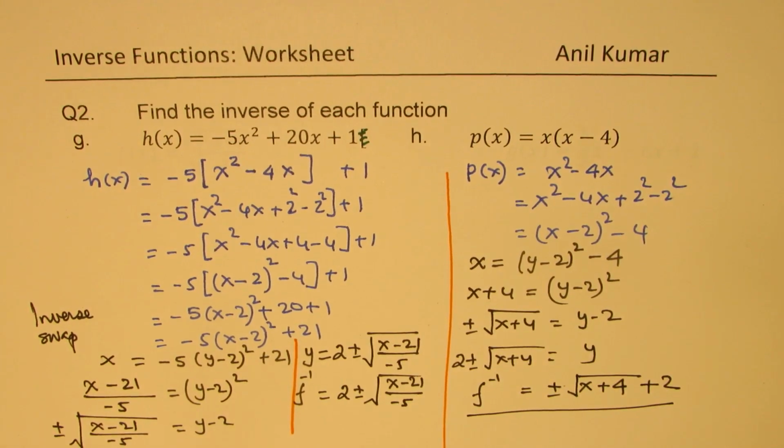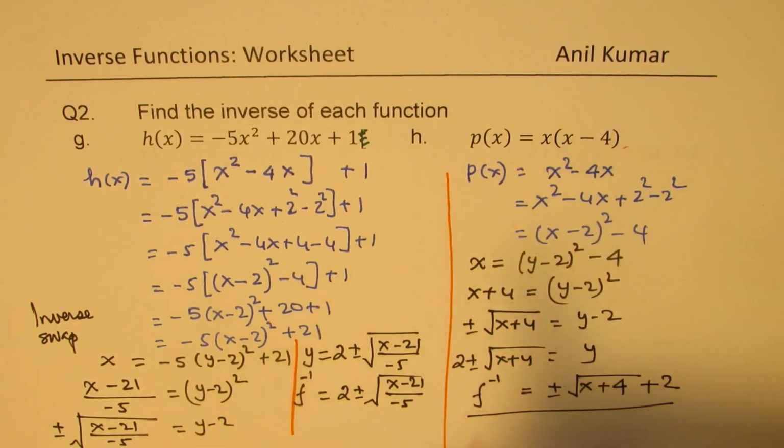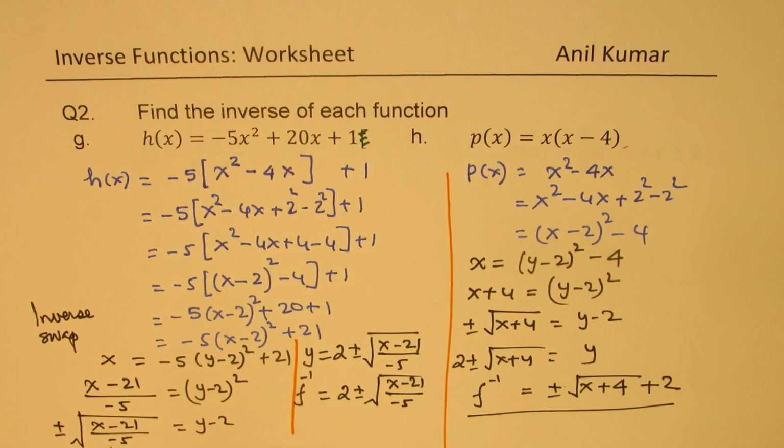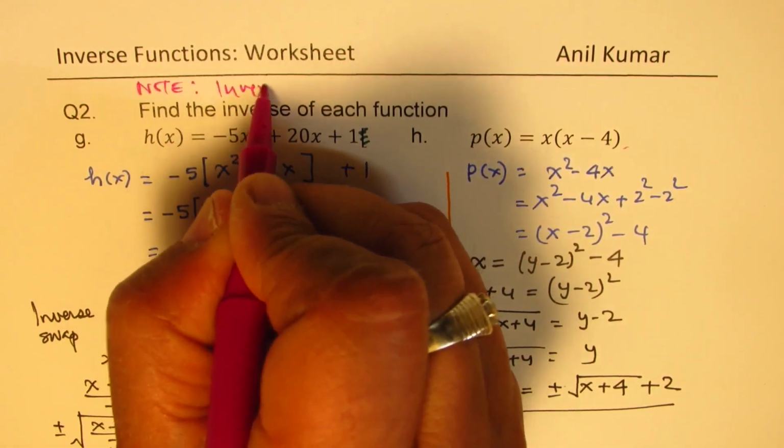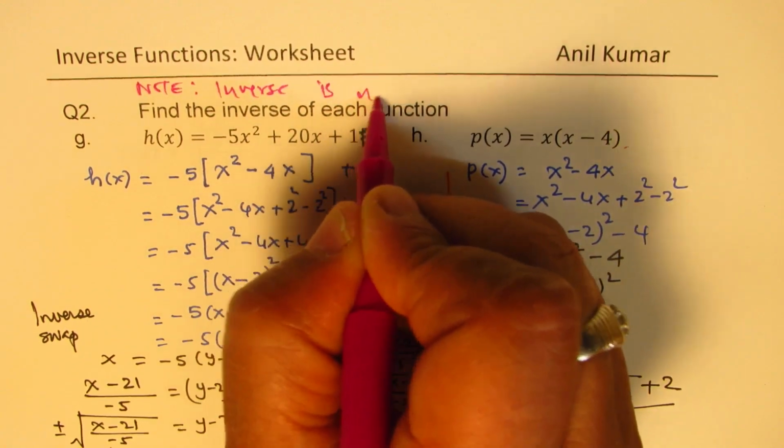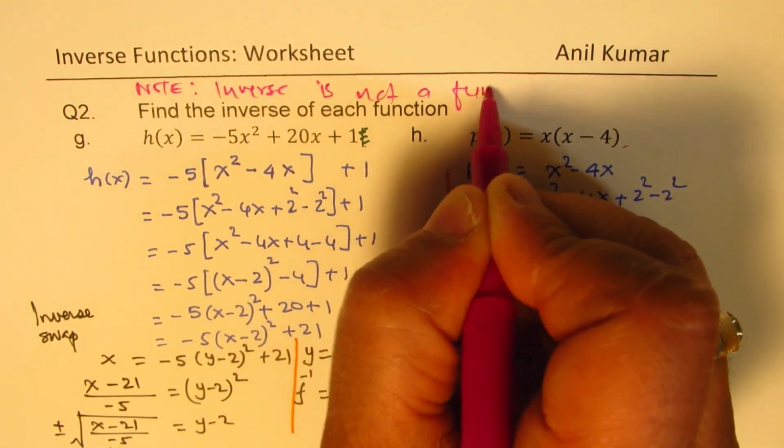So that is how we are going to get the inverse of a quadratic function when it is given in standard form or in factored form. Note, in both the cases, the inverse is not a function. Is it clear to you?